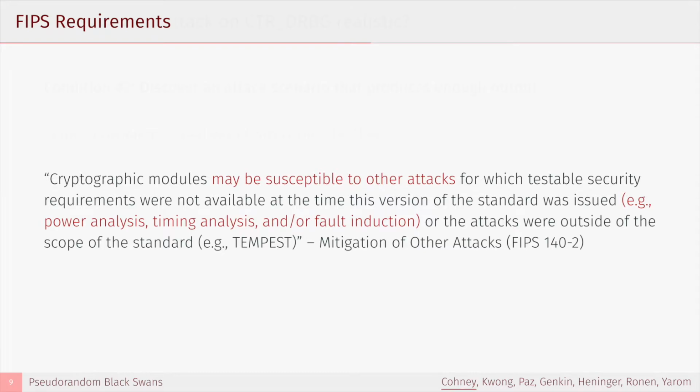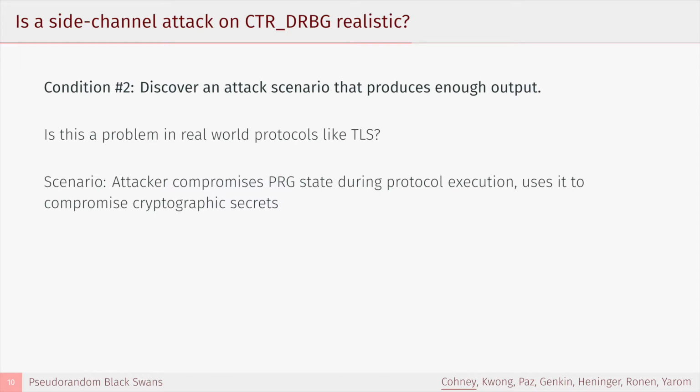The second precondition for mounting a successful attack against counter-DRBG is discovering a scenario wherein our attacker can actually observe raw output from the RNG. In such a scenario, the generator must also produce enough output during its phase 2 loop to make a side channel attack viable. We therefore needed to determine if this can occur in a real-world protocol like TLS.